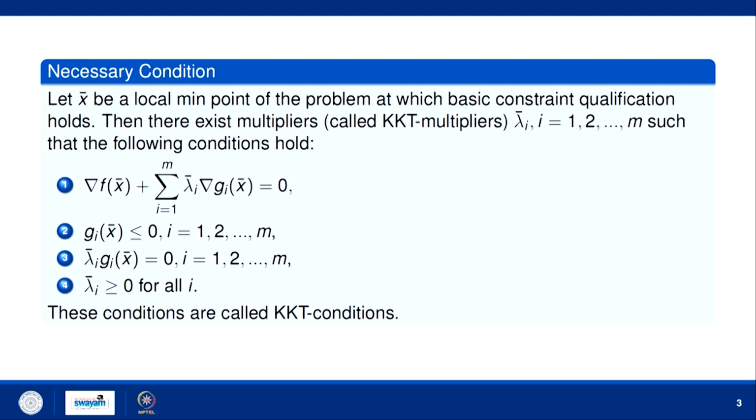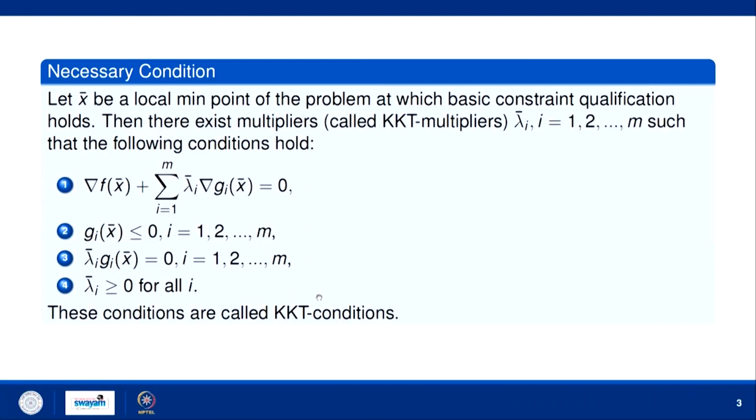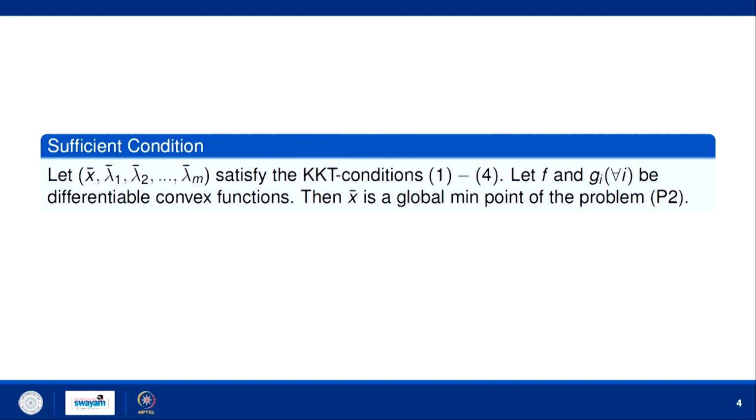So, what additional assumptions must be required on f or the g_i's so that these conditions become sufficient? Sufficient means that if we solve these conditions, and a point x bar satisfies these inequalities, then that will be a local optimal point of the problem P2.